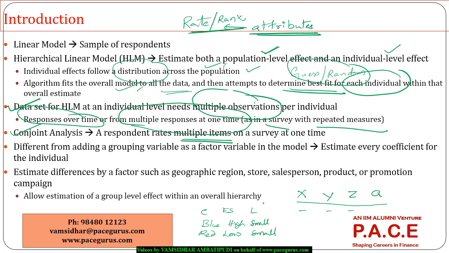So there are some kind of attributes that I am giving, and based on those attributes, I am asking the persons to either rate it or rank it. And based on that, I try to understand the overall population level effect as well as the individual level effect. For this purpose, we use what is called a conjoint analysis.